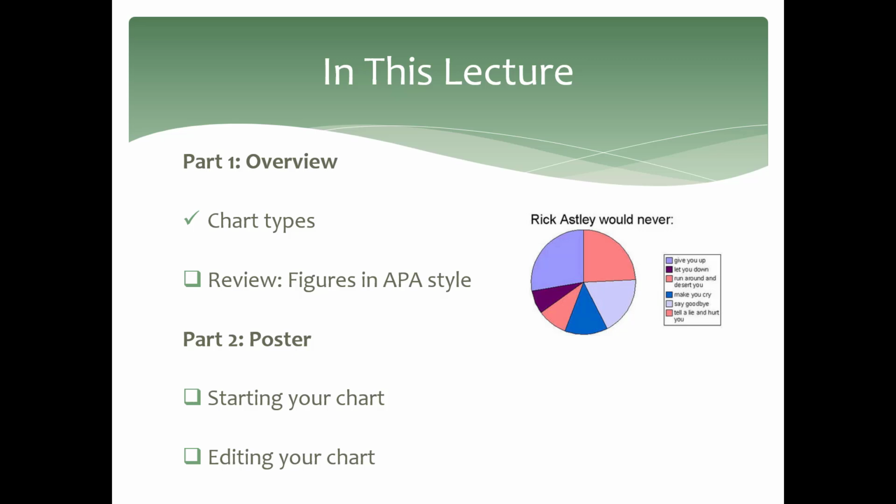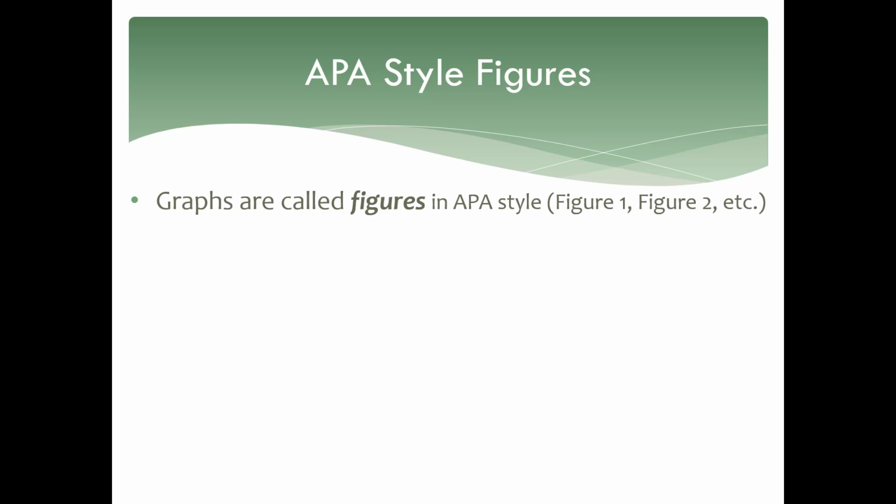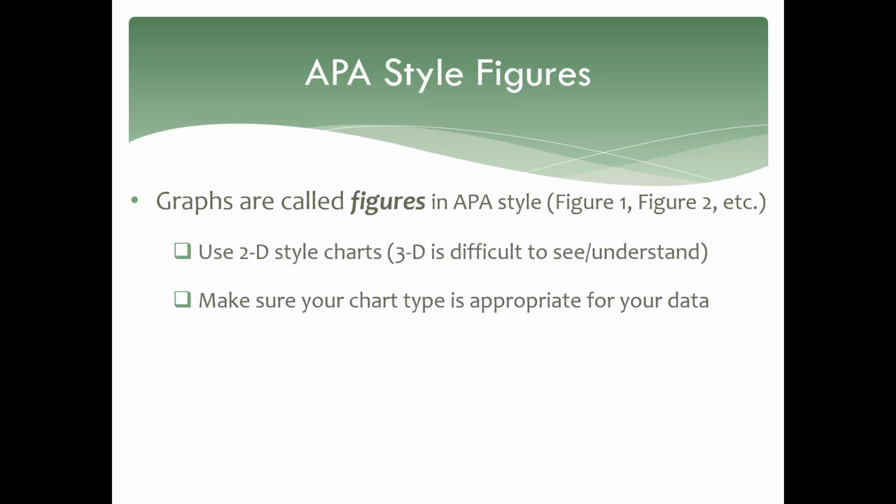Now that you have a good overview of different chart types, let's talk a little bit again about figures in APA style, a quick review. And so when you want to share your charts or graphs in APA style writing, they're labeled as figures. So you might remember that figure 1, figure 2, you number those as they appear in your writing. A couple of recommendations.